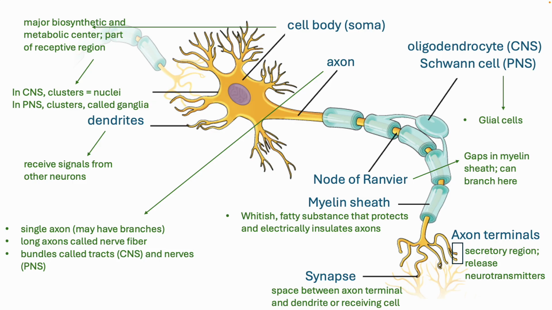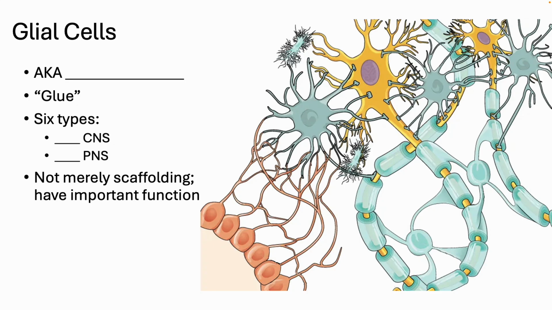All right, so we are now going to take a look at the glial cells. The glial cells are also known as glia. Literally, it translates to glue because they are what holds the nervous system together, although they have a variety of different functions.